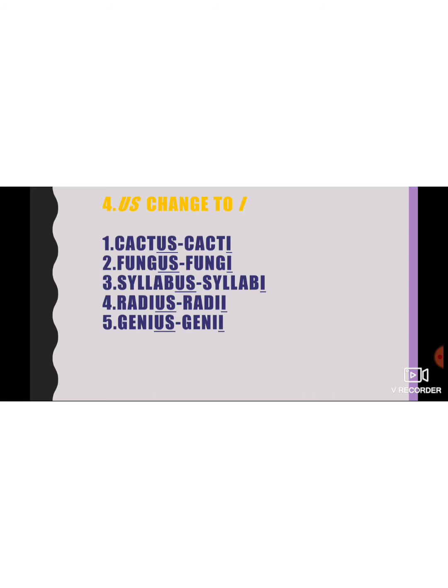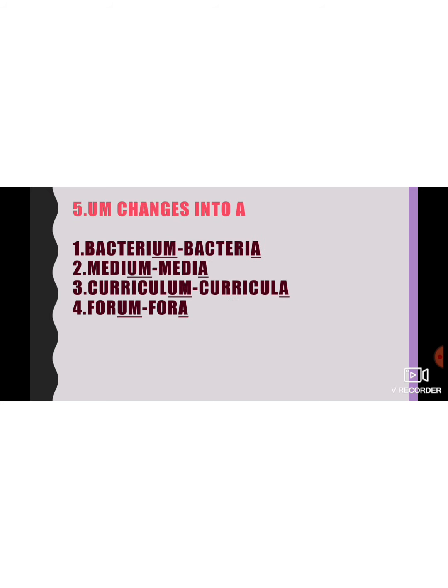That is cactus, cacti; fungus, fungi; syllabus, syllabi; radius, radii; genius, genii. These are some examples. The fifth one: words ending in -um change into -a. Bacterium, bacteria; medium, media; curriculum, curricula; forum, fora. These are some changes.